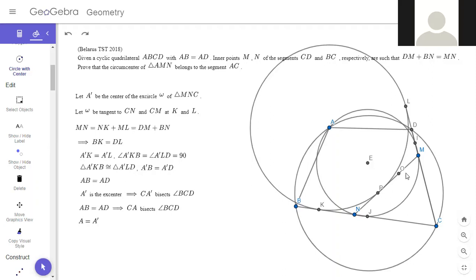Let's see. Okay, so since EN is equal to EM, if we can show E lies on the angle bisector, if we can show ENCM is cyclic, then that would mean CE would be an angle bisector, and EMCN is cyclic.